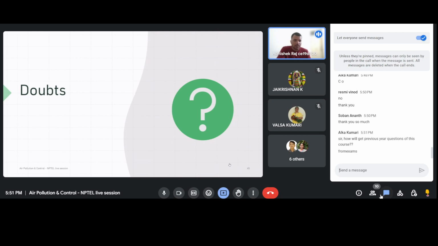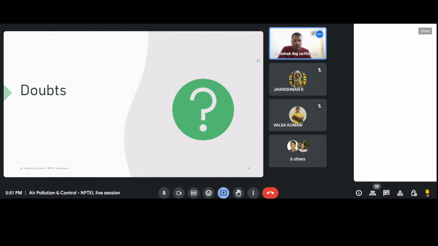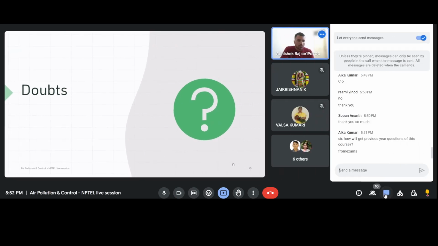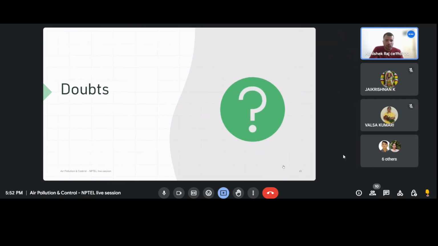Exams, maybe you can ask in the discussion forum. The TAs will know it better. Just drop a doubt in the discussion forum. As far as I know, it will not be shared, but you can still ask. No harm there.